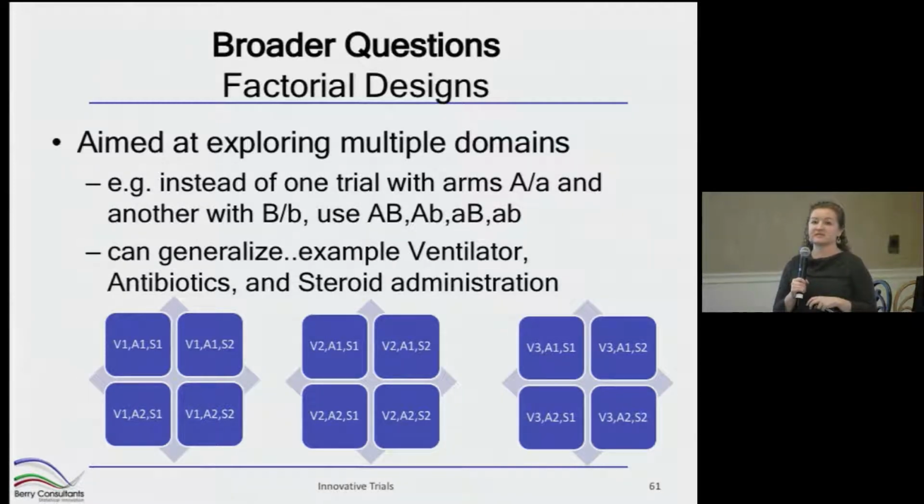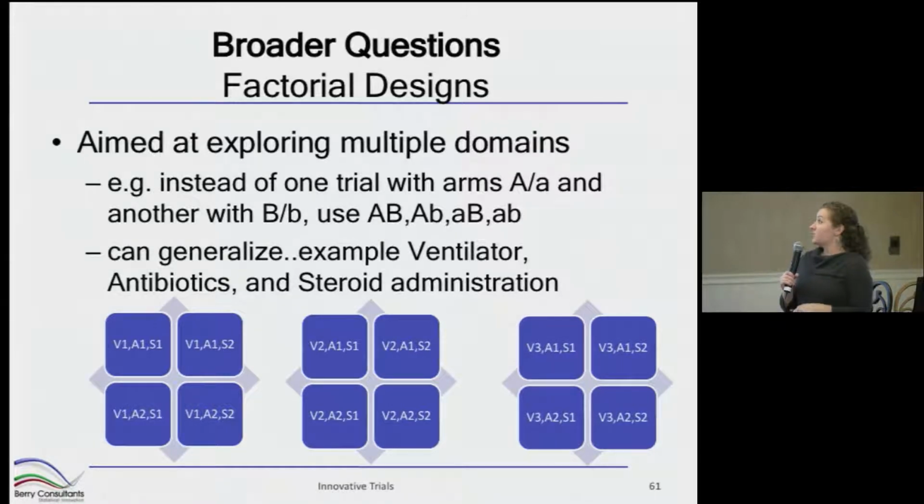In the example we're going to use, maybe this is patients who are on a ventilator. So you have patients that are either on a ventilator, big A, or not on a ventilator, little a. And maybe you're also interested in another treatment, antibiotics. Patients are either on antibiotics or they're not. So that's treatment domain B. Patients can either get big B, which means they're assigned to antibiotics, or little b, which means they're not.